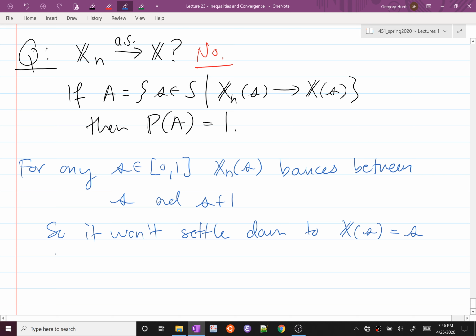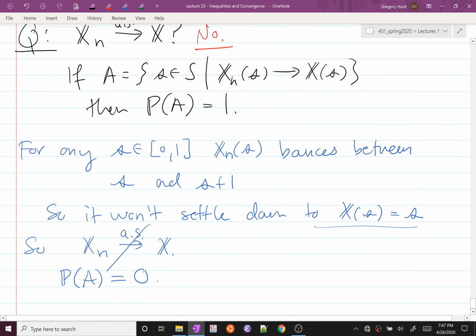It's never going to settle down to our limiting function x of s. So you cannot say that xn converges almost surely to x, because for every value, you're not going to get pointwise convergence. The probability of our set A here is basically 0. There are no points for which it pointwise converges.